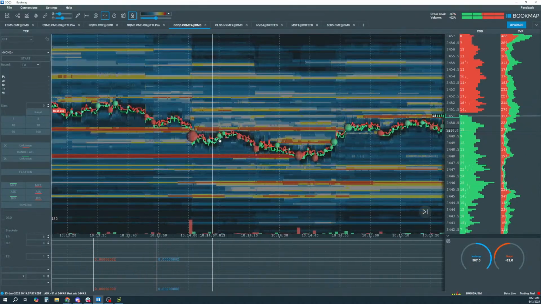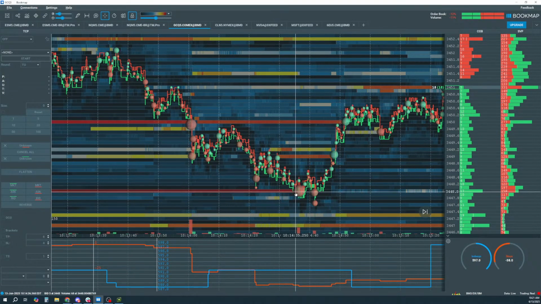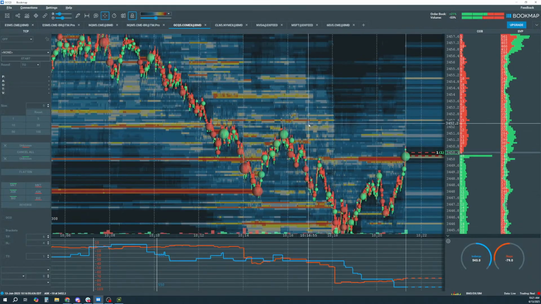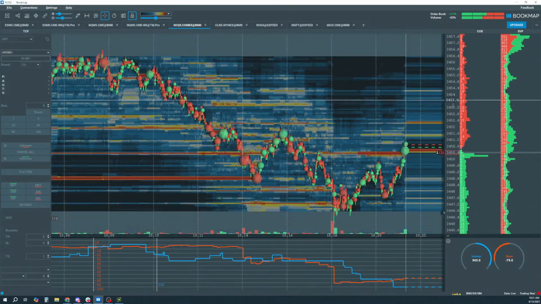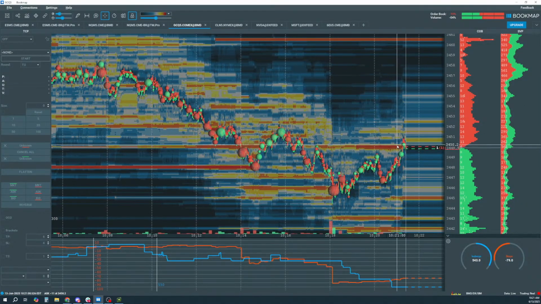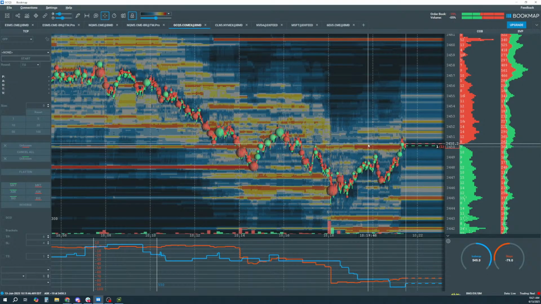And here's a nice flip of the book from bid to offer, high liquidity in there filled. So we're starting to see the spike higher, but right into high liquidity here at around 3450.